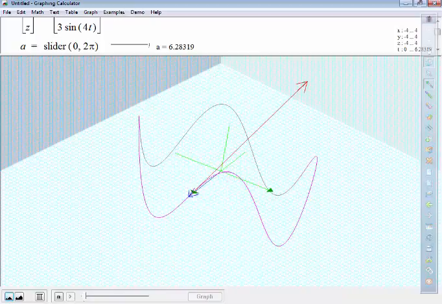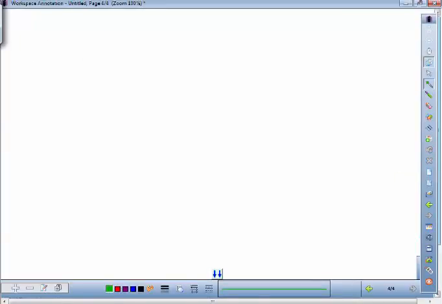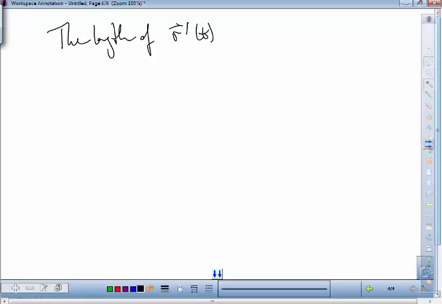Okay, so we just took out the idea of the length of the velocity vector, but the length of the velocity vector actually is an important thing. So it turns out that the length turns out to be the speed.